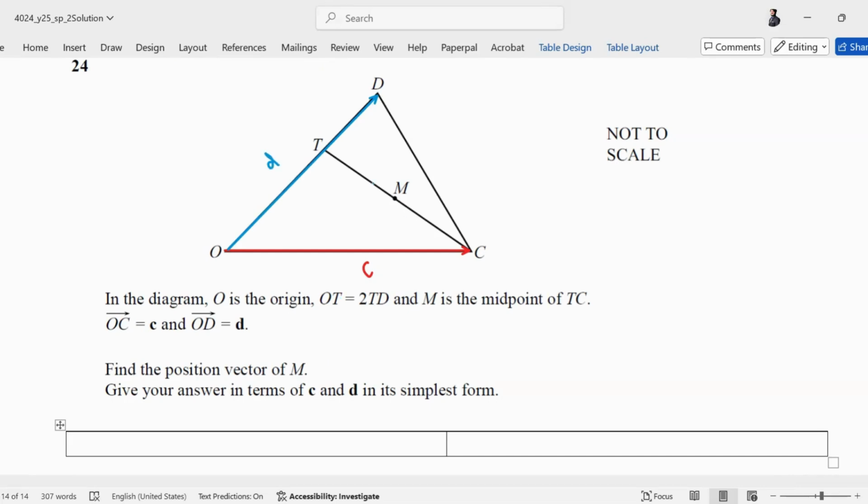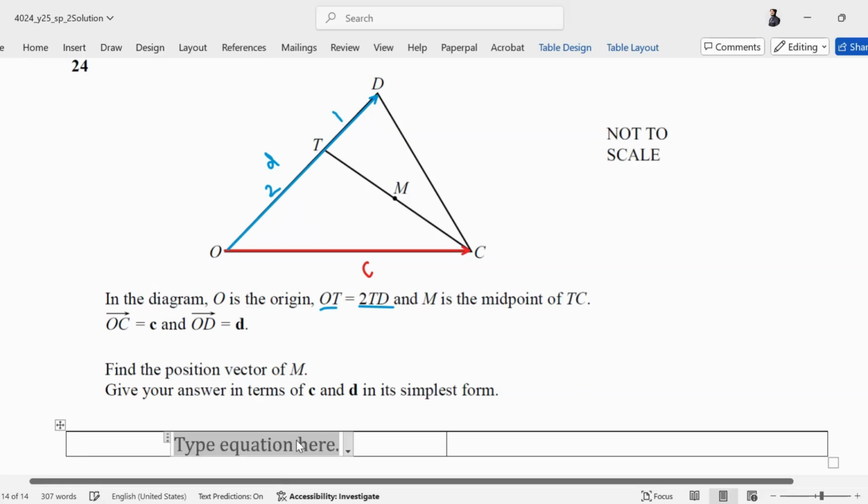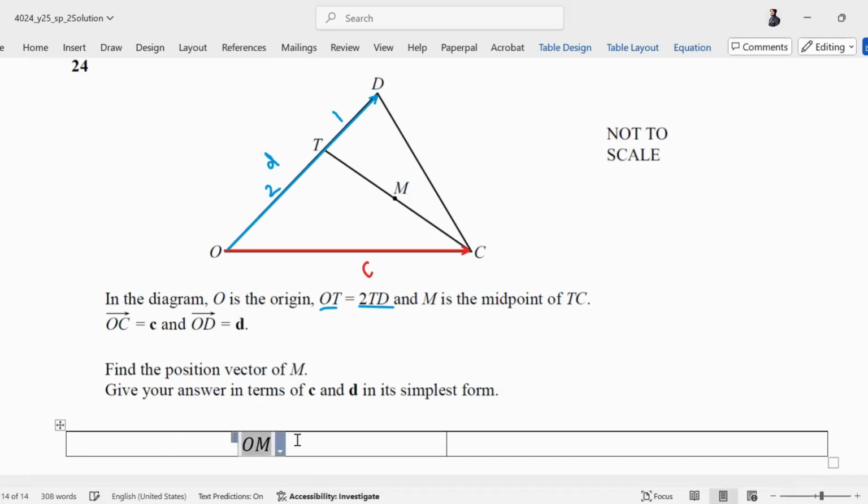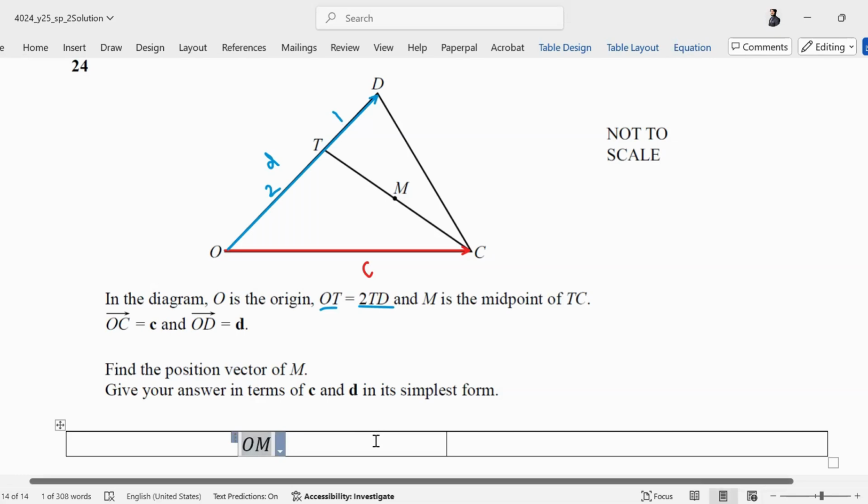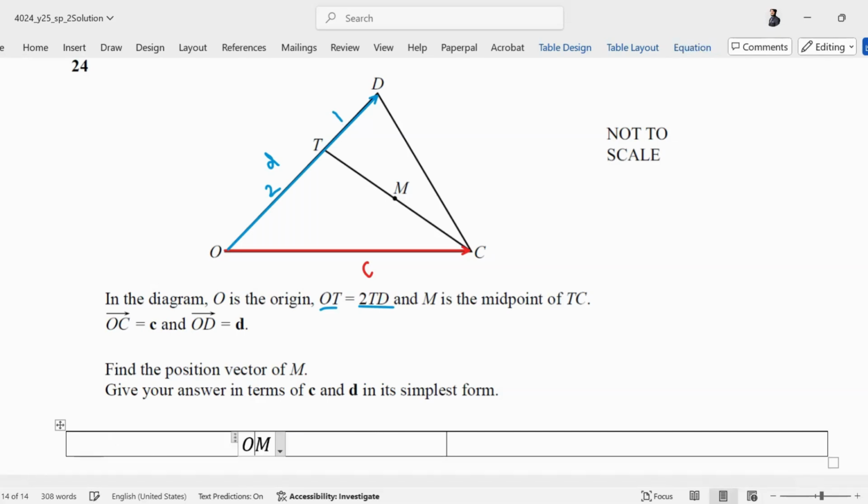And it has told us M is the midpoint of TC and OT is double that of TD. That means if TD is 1, OT is 2. So the entire length is divided into 3 parts. If TD gets 1 part, OT gets double of it. OT is double of TD. And now I need to find the position vector of M, which means that I need to find OM. This is what I'm looking for. I need OM.